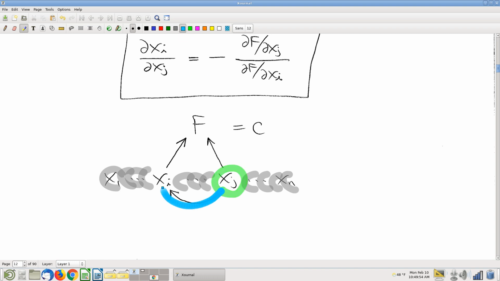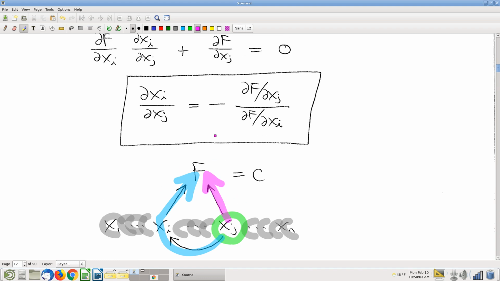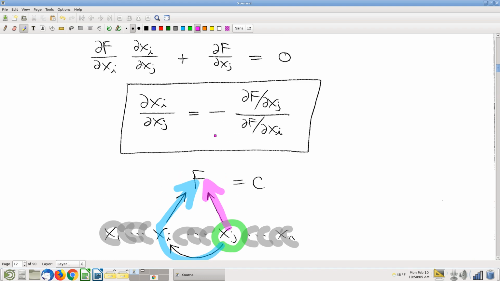On the one hand, they can cause xi to change, which causes f to change. On the other hand, they can go directly. And so you can write down this algebra directly from that picture, which is a more compact way to think about it. But anyway, it's just an option.